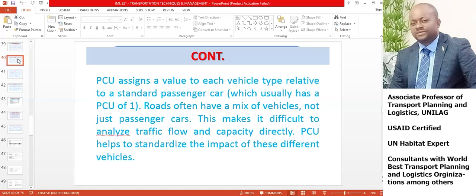From real life example as a consultant, I found this out even in Delta State in South Nigeria. Now, traffic flow and capacity: PCU helps to standardize the impact of these different vehicles. That is another thing it does.